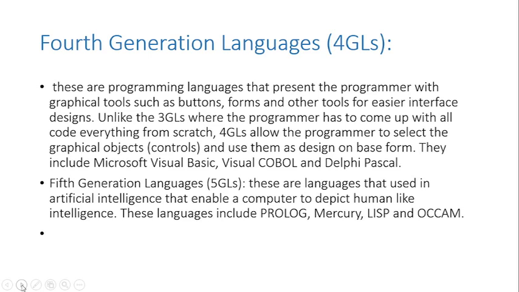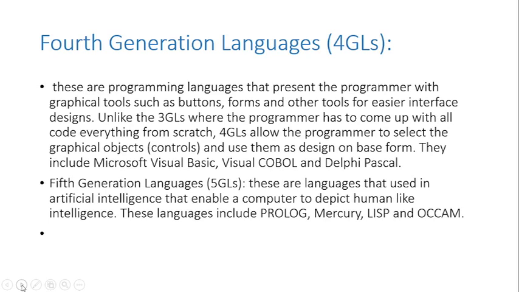Unlike the third generation languages, where the programmer has to come up with all the code from scratch, they allow the programmer to select graphical objects and use them to design on the form. They include Microsoft Visual Basic, Visual COBOL, and Delphi Pascal.